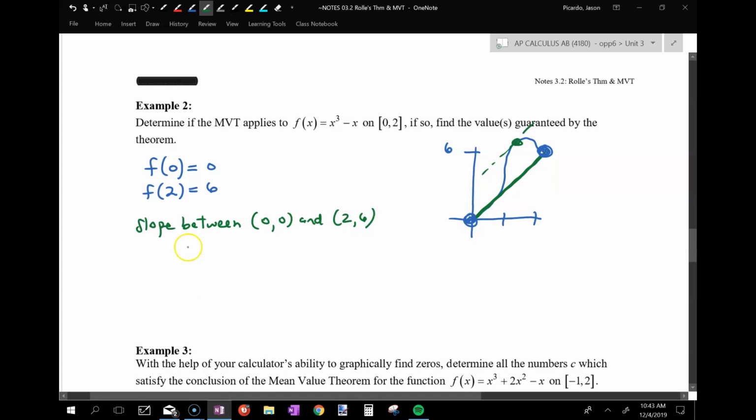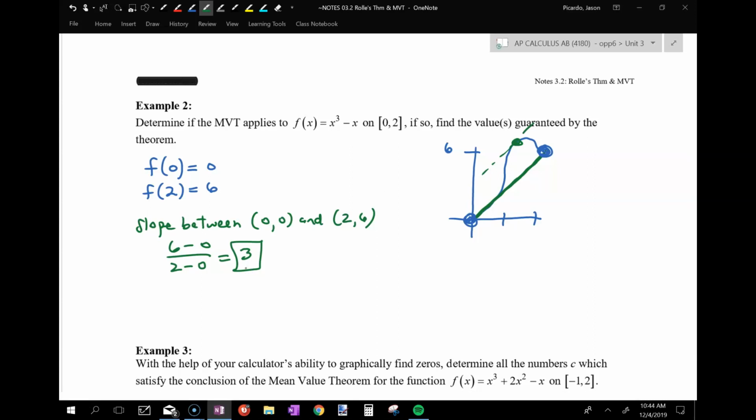And when I find that slope, it's going to be 6 minus 0 over 2 minus 0, which is 3. So what am I suggesting with this theorem? I'm suggesting that there is a tangent somewhere between 0 and 2 that also has a slope of 3, right?